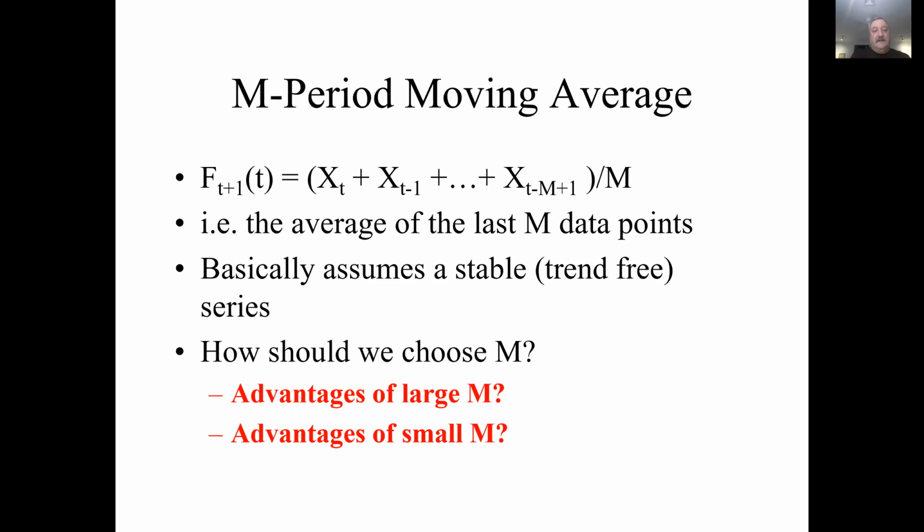So basically the answer to that question is, with a large M, you get a greater averaging effect, which is the same as saying you reduce the variance by having a larger M. However, if the time series sort of changes its level, then with a large M, it will take a long time to catch up to that new level. So a smaller M is more responsive to changes in the time series.